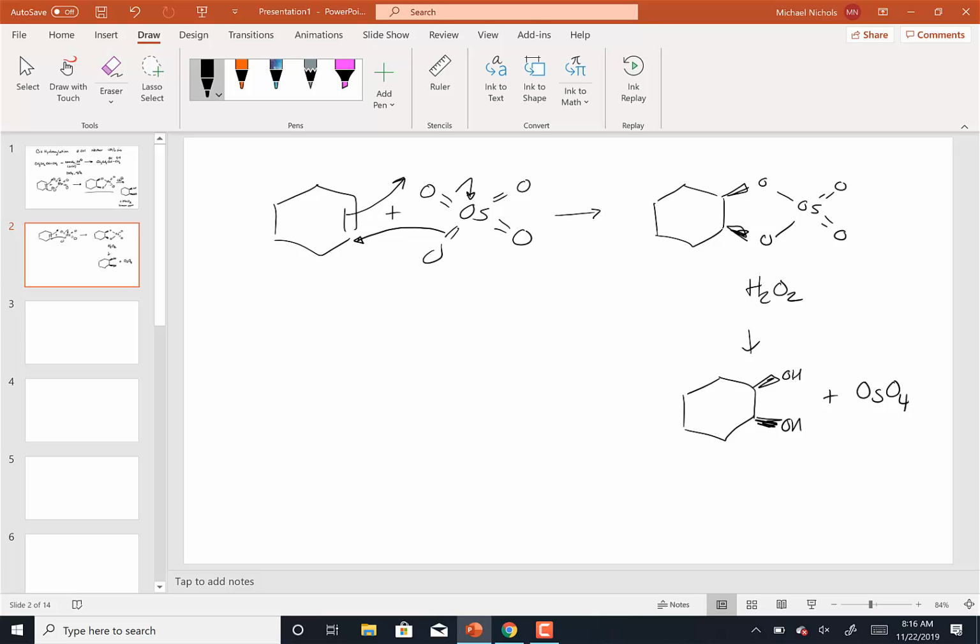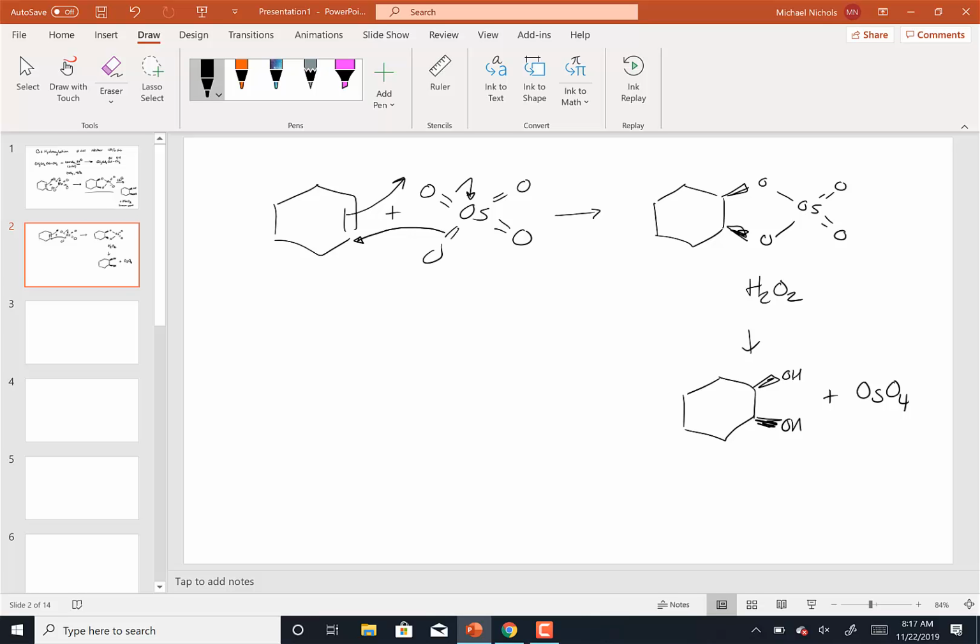Osmium reacts and then gets reoxidized and then reacts with another mole of alkene, so that I can use a tiny bit of osmium to complete the reaction, and that's what's going to make it economically feasible. Otherwise, it wouldn't work. Okay.